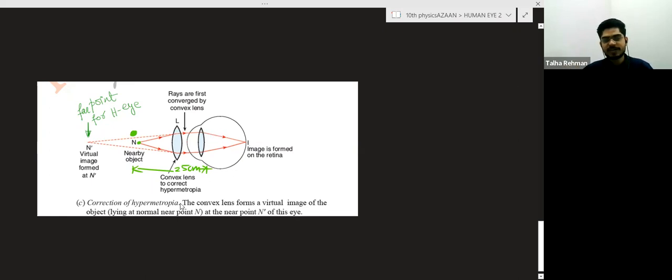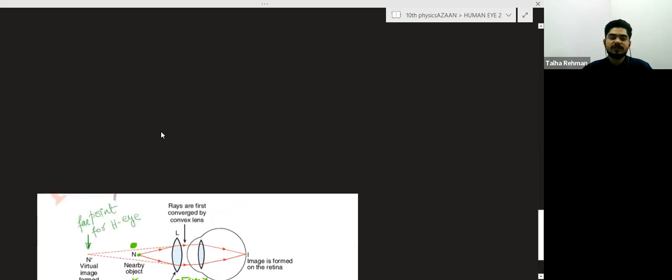So you can say correction of the hypermetropia. The convex lens forms a virtual image of the object, and that image is formed at the near point of the hypermetropic eye. So this image will work as an object for this eye lens, and the image will be formed on the retina, and this hypermetropic eye also can see this object clearly.